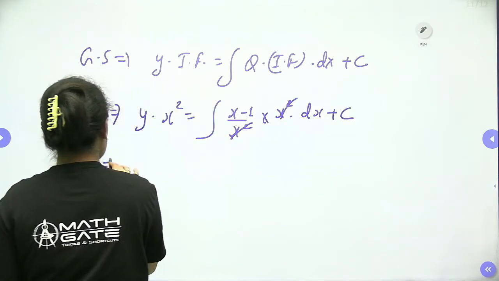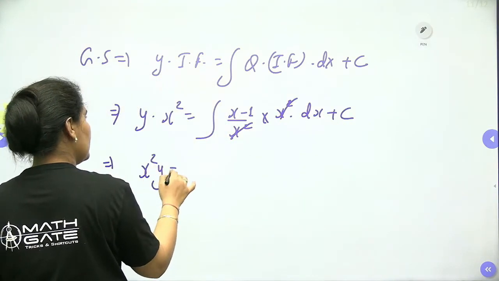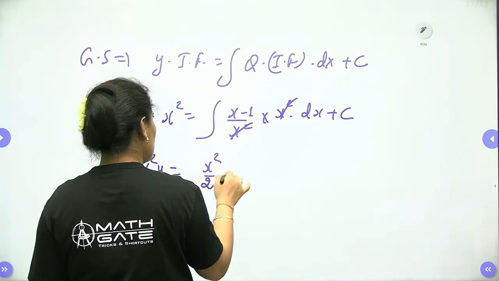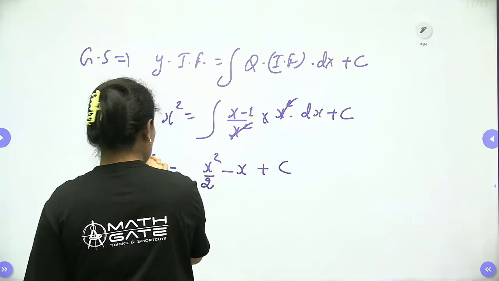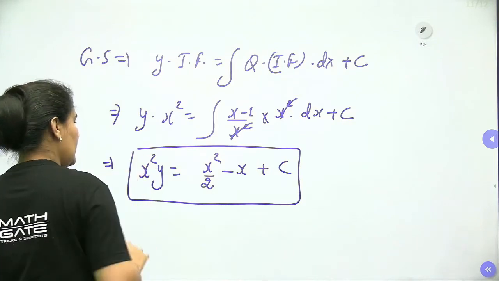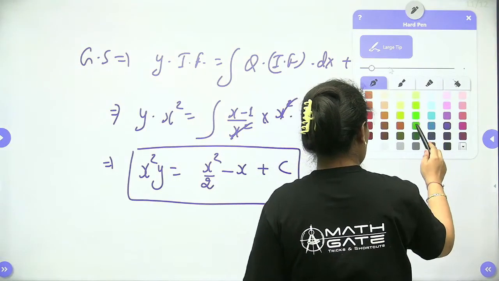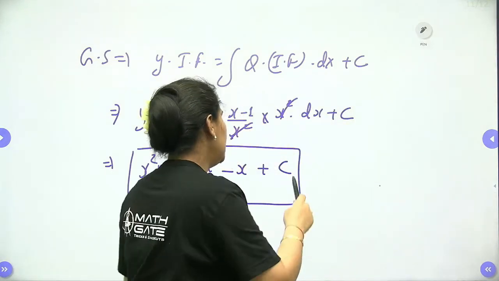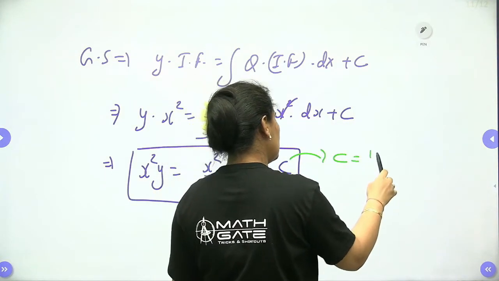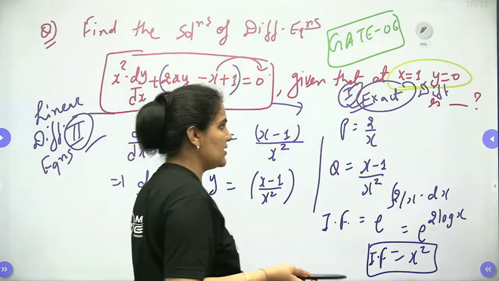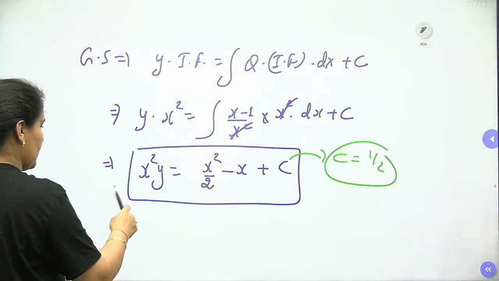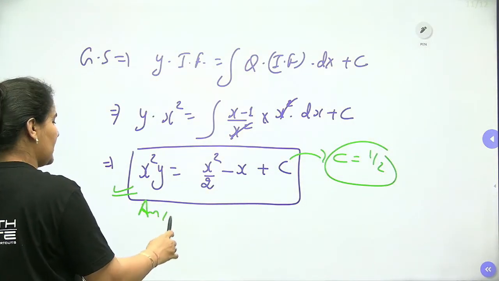It will be dx plus c. So x square y is equals to x square by 2 minus x plus c, guys. Here again you can find the value of the constant, which again you will get as 1 by 2 only. We have the same process: we find the constant and then we will get the same answer.